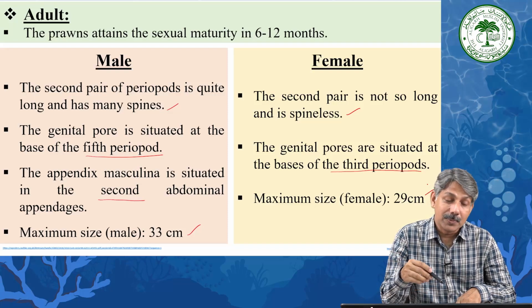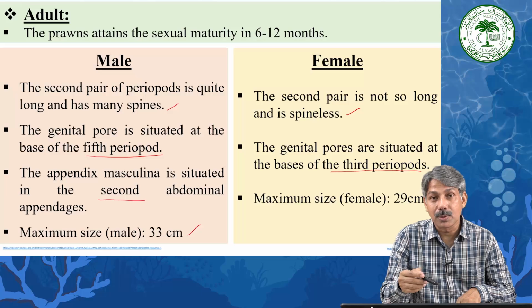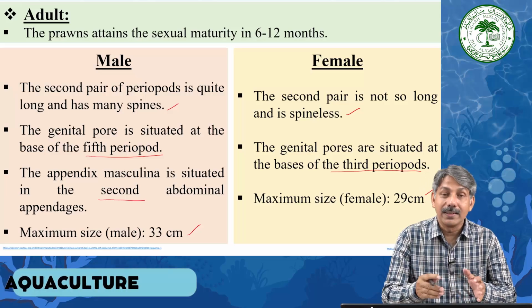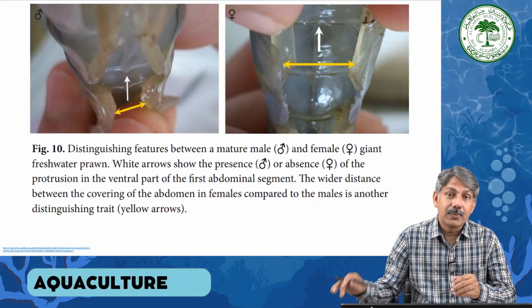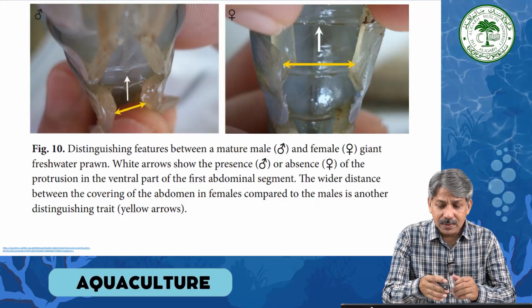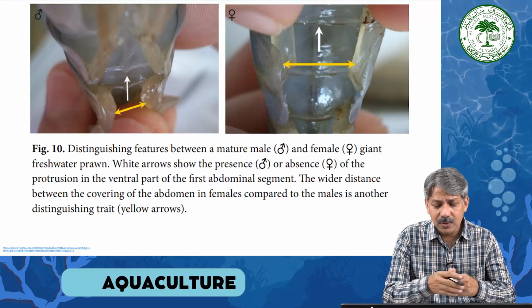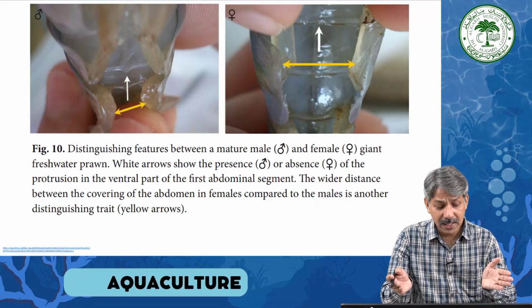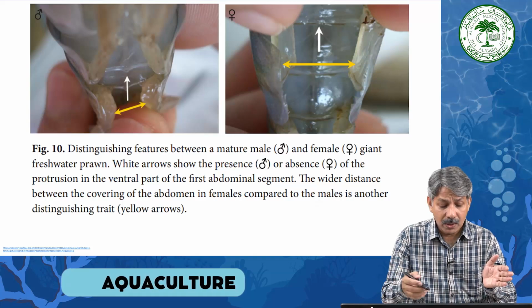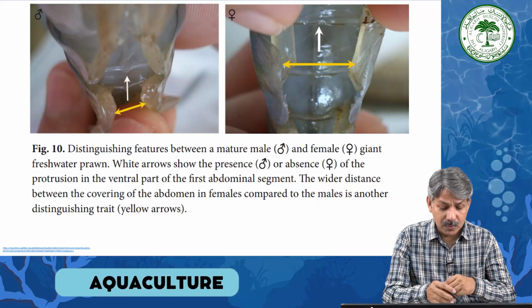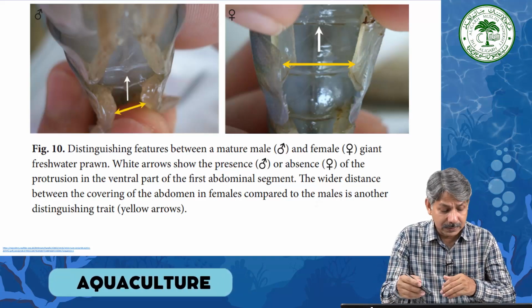I told you that males of Macrobrachium rosenbergii, when they are fully grown, are larger than the female. So that is how you can distinguish between male and female freshwater prawn on the basis of observation of these characteristics.